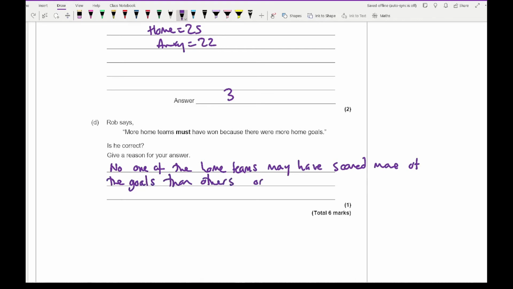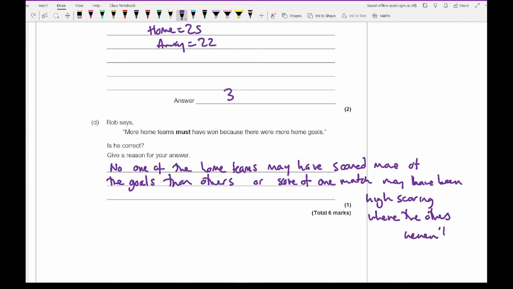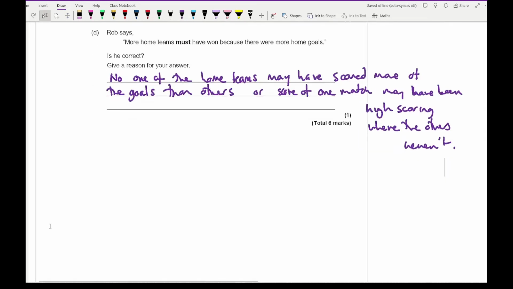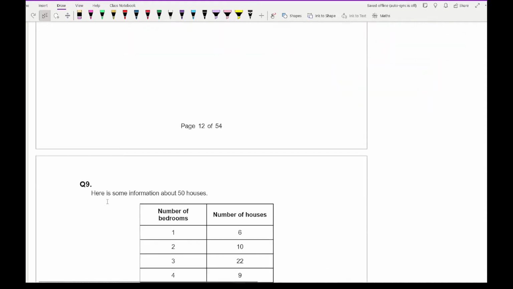Or what you could say is that the score of one match may have been, I can spell, high scoring, where the others weren't. And again, you can look at the mark scheme to see if your answer fits, but I would say something along those lines to get the 1 mark should be absolutely fine. You would get no marks for just saying no, because it does say that you need to give your reason for your answer.